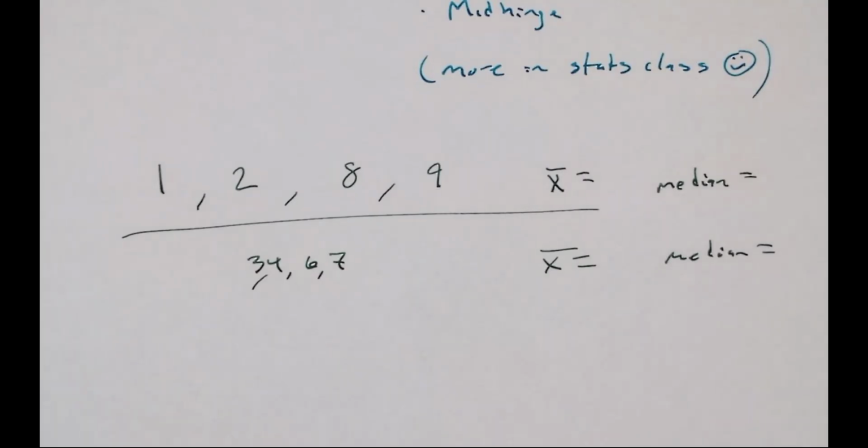I rigged this problem. The median is 5 for both. The mean is, not of the whole thing, but of each line, also 5, right?